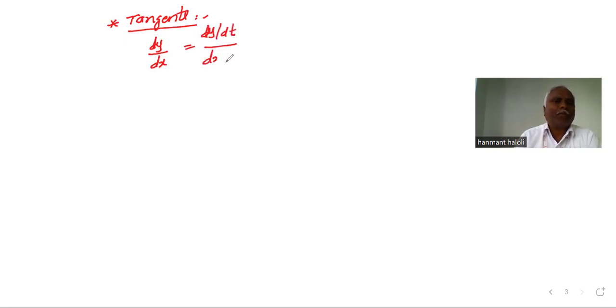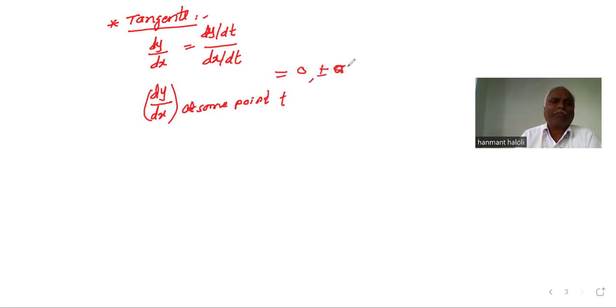And for value of t, calculate dy by dx at some point t, whether this is 0 or plus or minus infinity.